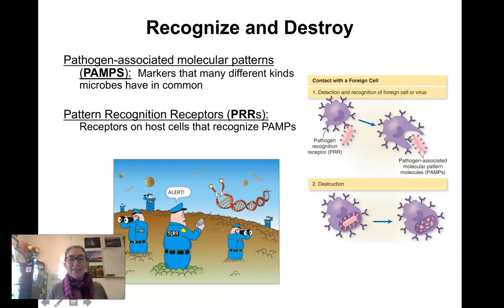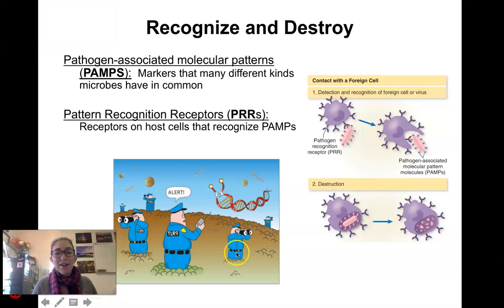These microbes, pathogens, tend to have some very general, easily recognizable features that we call pathogen-associated molecular patterns, or PAMPs for an abbreviation. These are things that tend to be only on microbes, like only on bacteria.